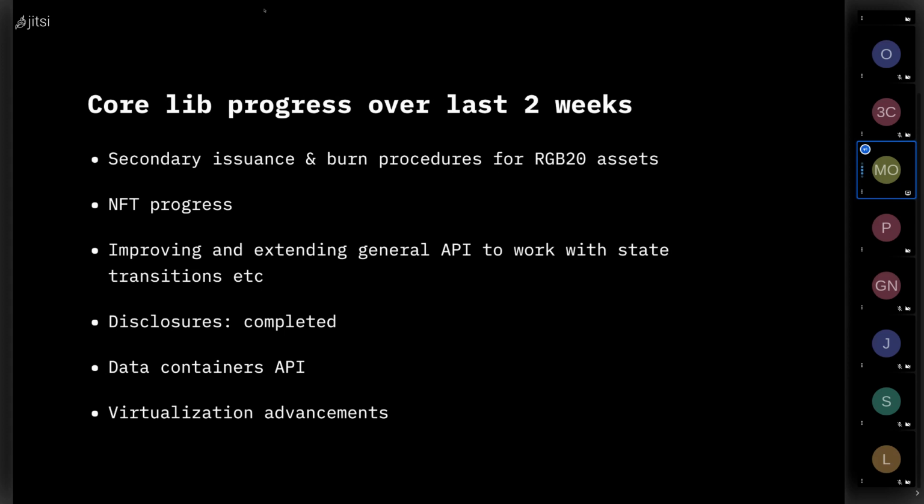Because we were implementing this new functionality, which requires client-side validation, we used this opportunity to finalize the understanding of how the API of the validation of any possible script extensions to RGB will be working.